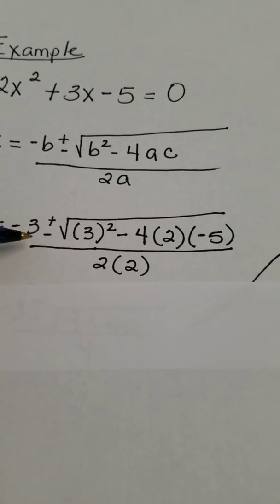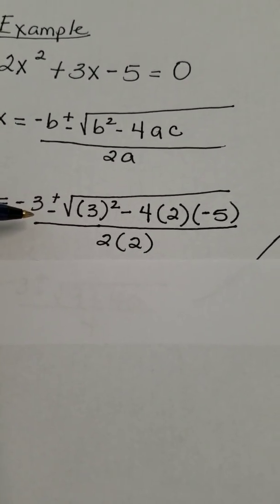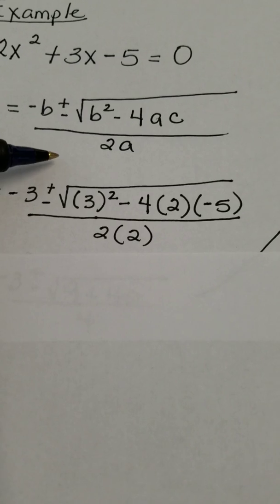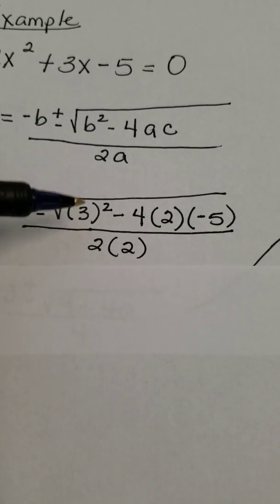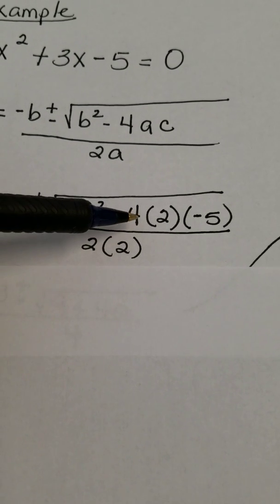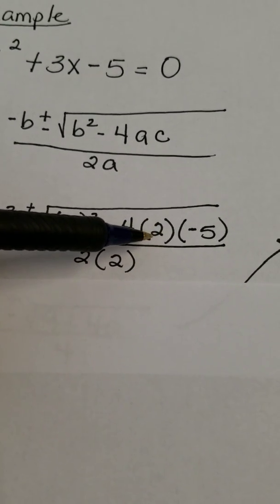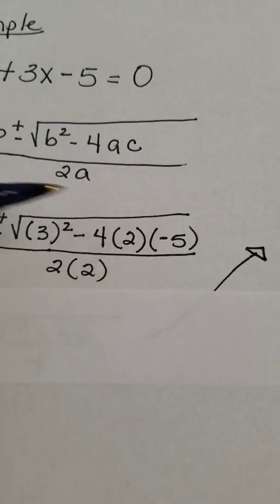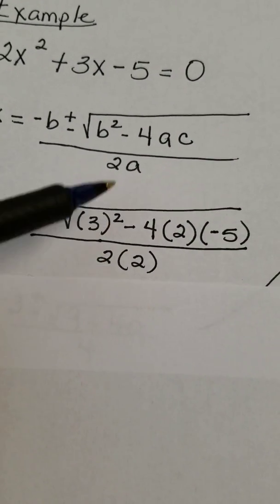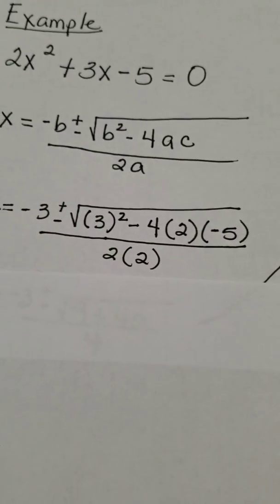And the value of b is 3, plus or minus the square root of b, which is 3 squared, minus 4, the value for a is 2, and the value for c is negative 5, all over 2, and the value for a is 2 again.